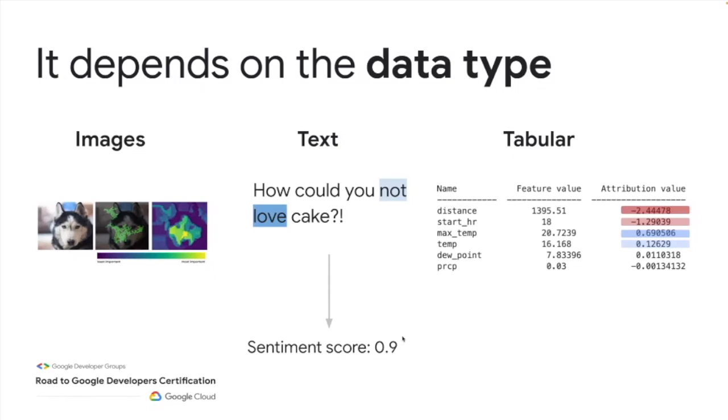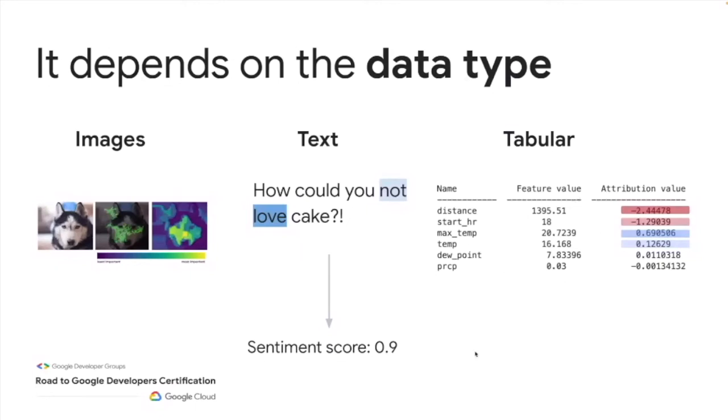In a text, you could create a model that predicts what's the sentiment in the text. Is it a positive text, or is it something that is hateful? In a tabular type of data, you can work with the values, and you can see the different values against each other.